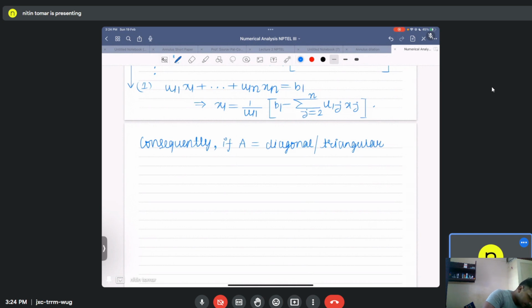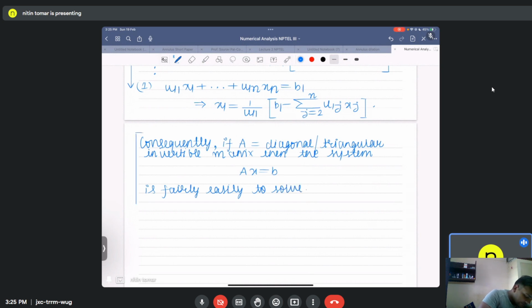Invertible matrix, then the system Ax equal to b is fairly easy to solve, right? This we all will agree, correct? Is fairly easy to solve.